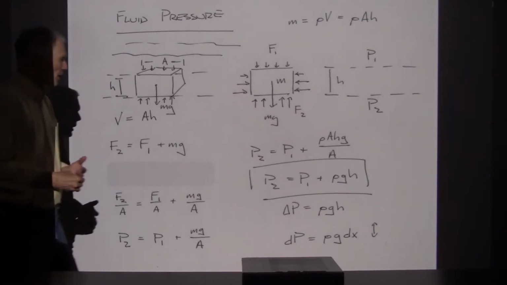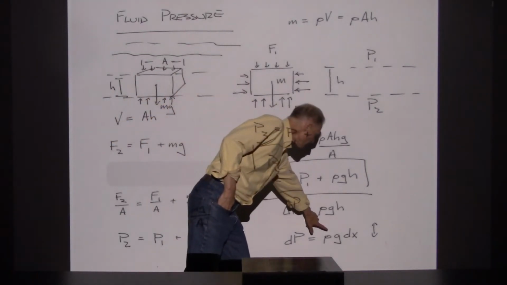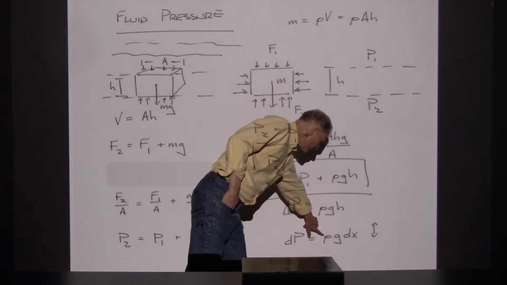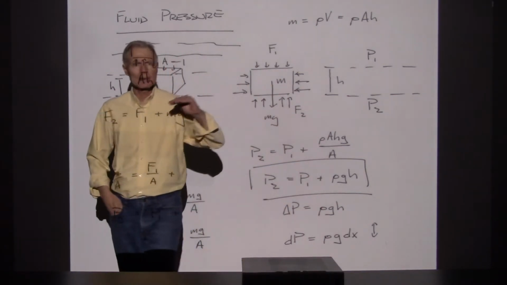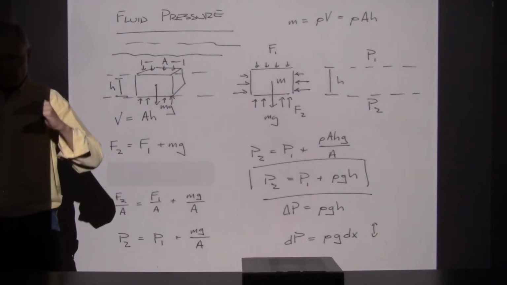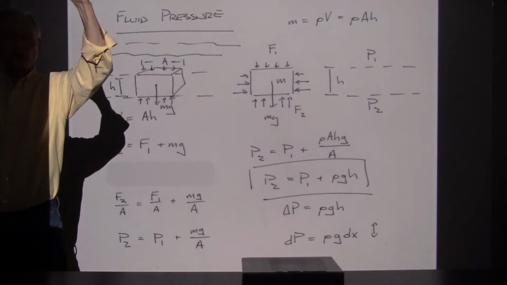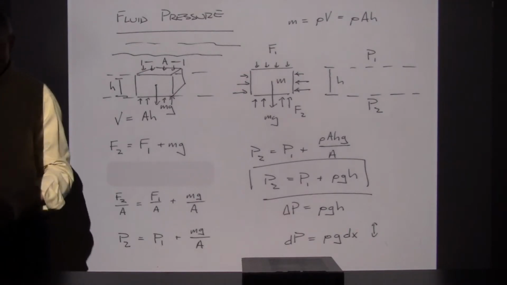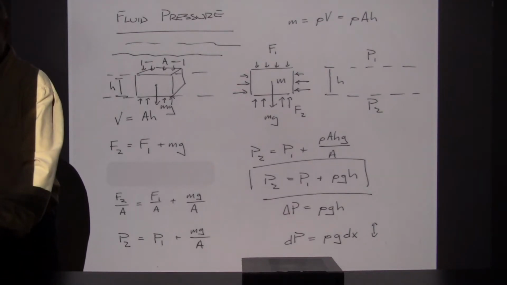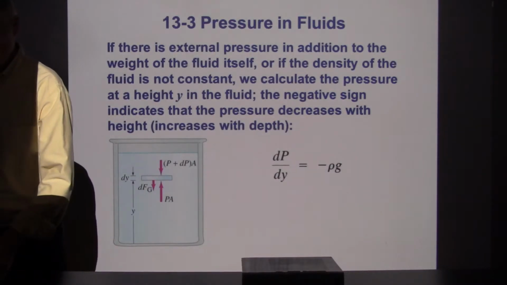So in air, what we can do is come up with a formula telling us how the density varies. You know, the density is going to drop off as we go to higher and higher elevations, and we can calculate pressure differences based on that.